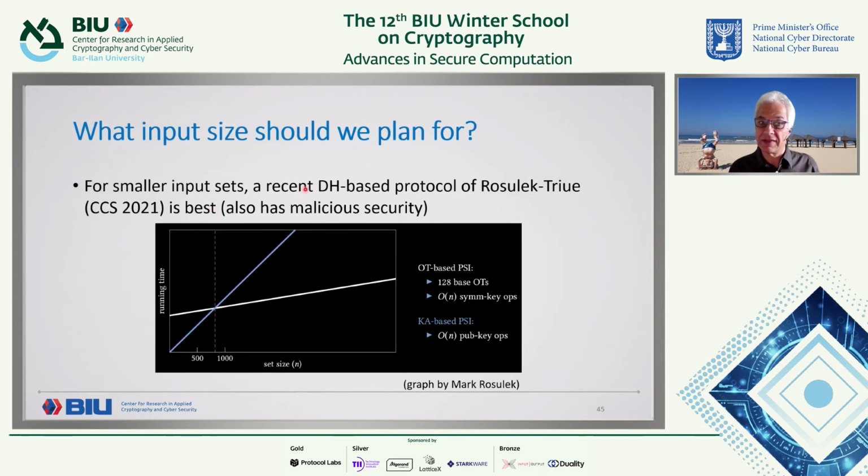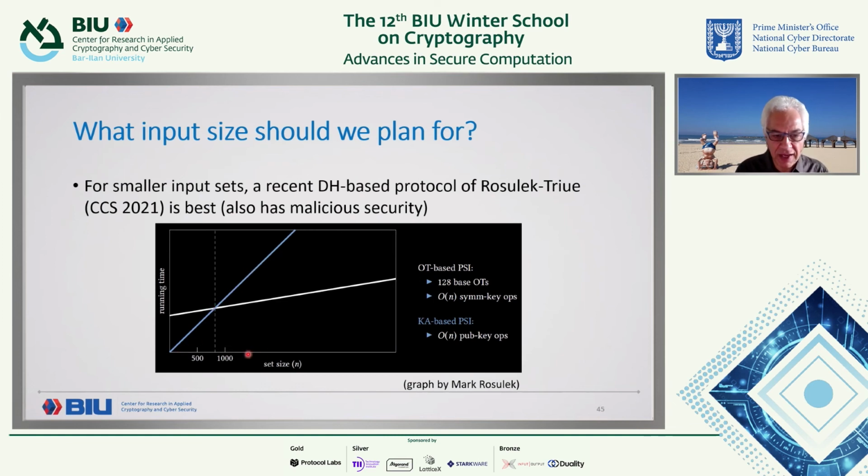For smaller input sets, there's a recent Diffie-Hellman-based protocol of Mike Rosulek and his co-authors, who were co-authors on the best papers for OT-based PSI. And this is the OT-based PSI performance. This is the Diffie-Hellman protocol that they designed, a bit different than the one I described.